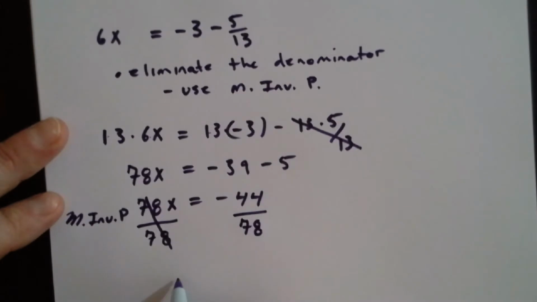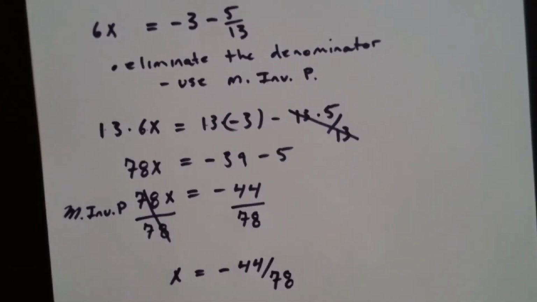And we're left with x is equal to negative 44 over 78. Is there a greatest common factor? What is it?